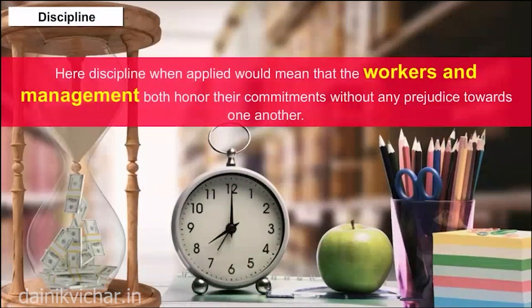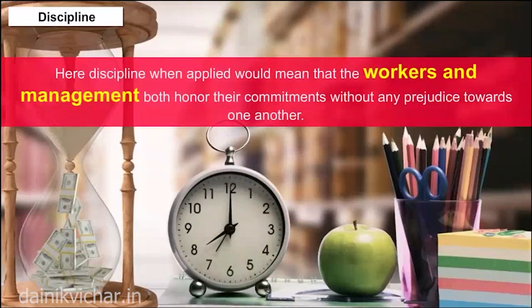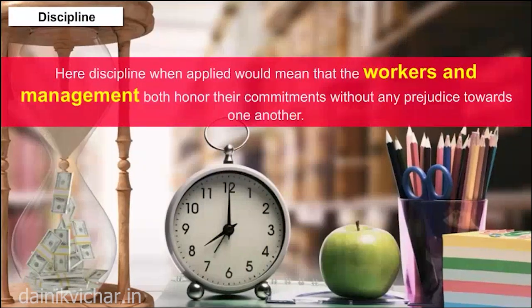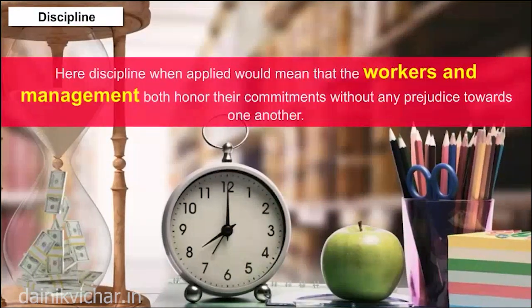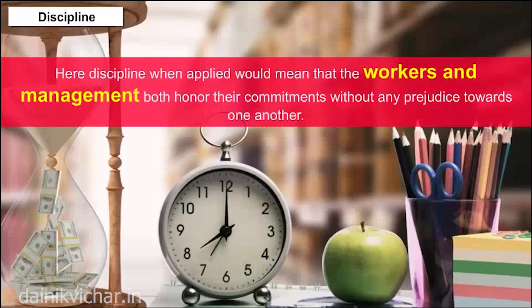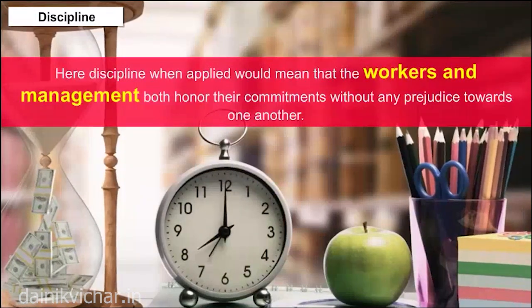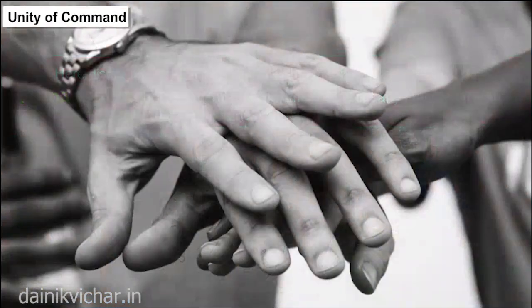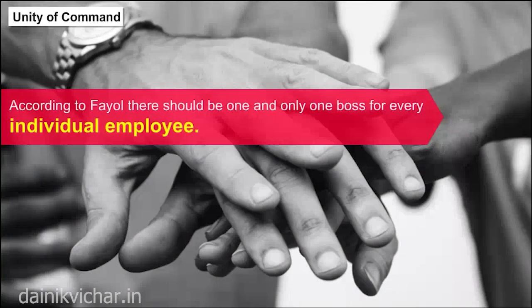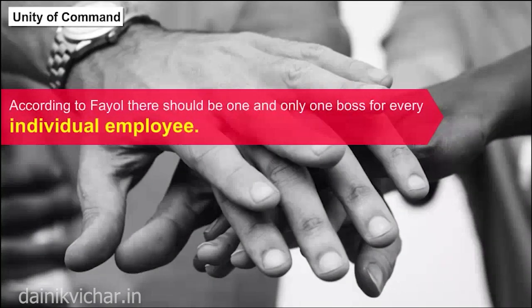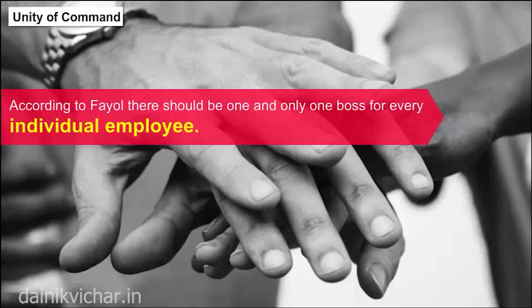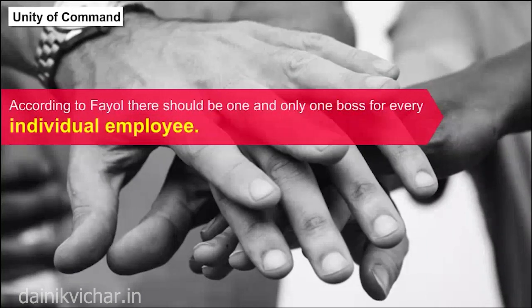Here, discipline, when applied, would mean that the workers and management both honor their commitments without any prejudice towards one another. Unity of command. According to Fayol, there should be one and only one boss for every individual employee.